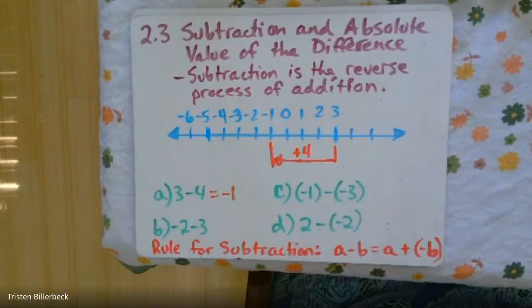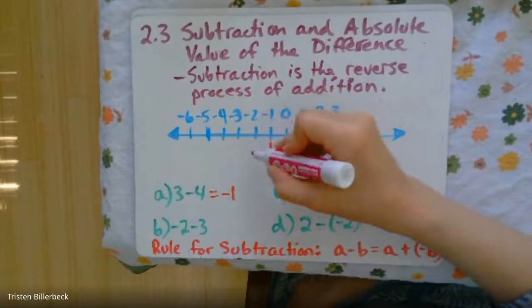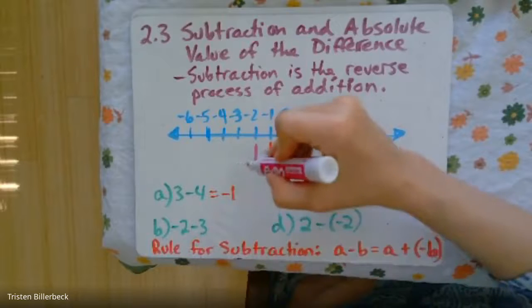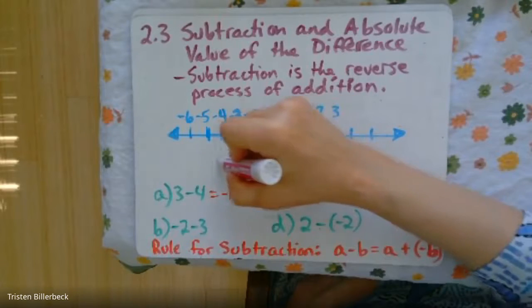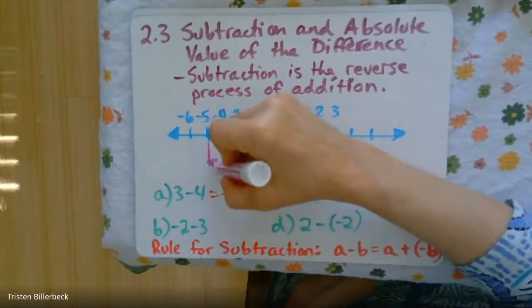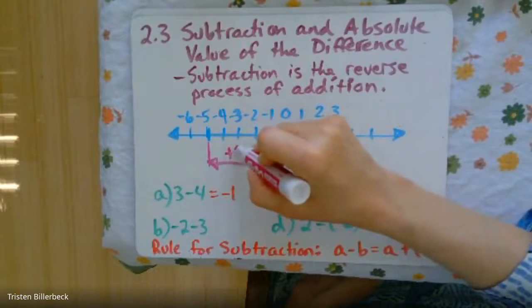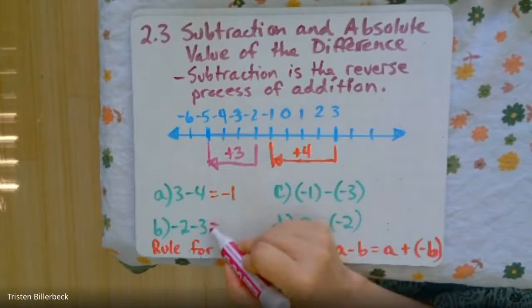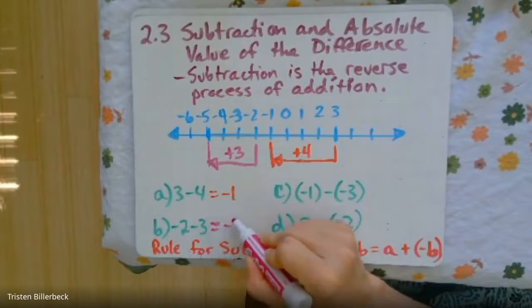All right, so if we start at -2 right here, and we subtract 3 again, 1, 2, 3, we're right here. So we're subtracting a positive 3. So this particular one would be -5.